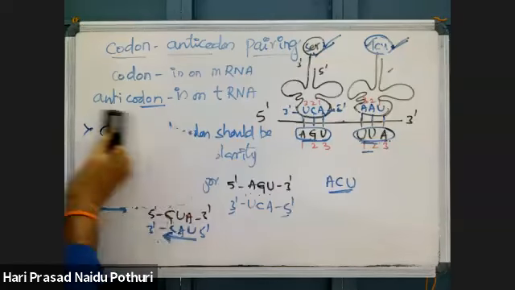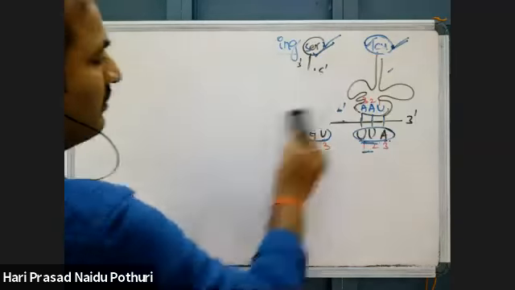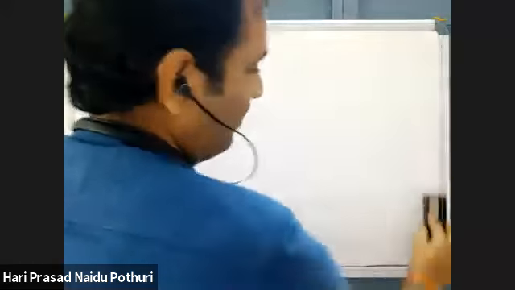Write that point: the specific binding of amino acid with tRNA is based on the anticodon sequence in tRNA.